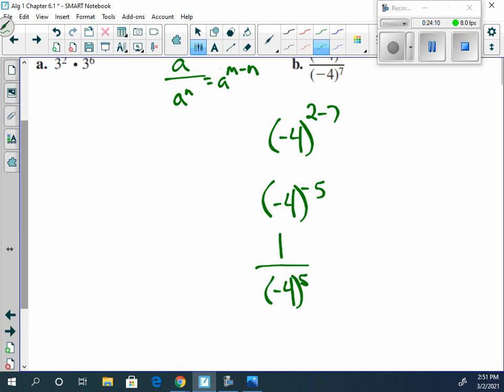And one of the ways that I look at it is, okay, so we subtract. 7 minus 2 is 5. Is it bigger on top or on bottom? Bottom, because 7 was on bottom, so it stays on bottom.